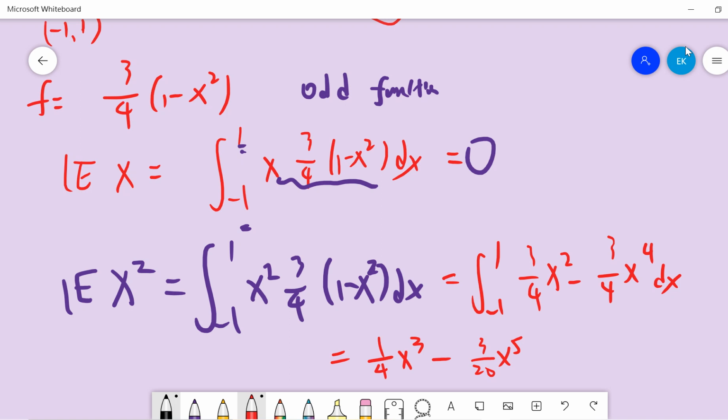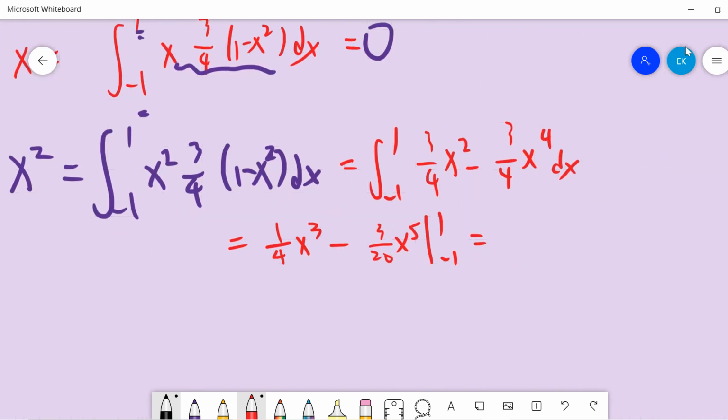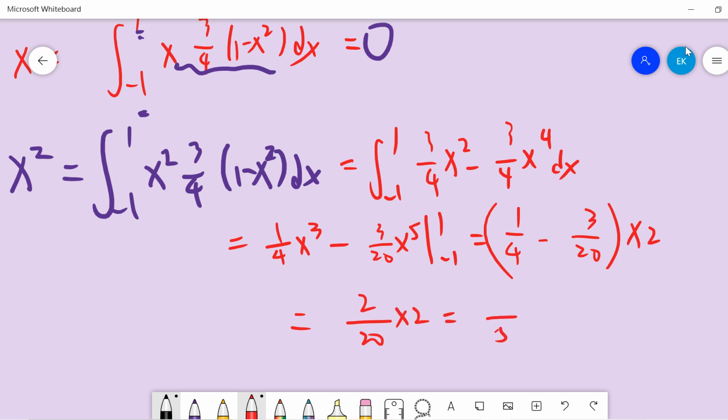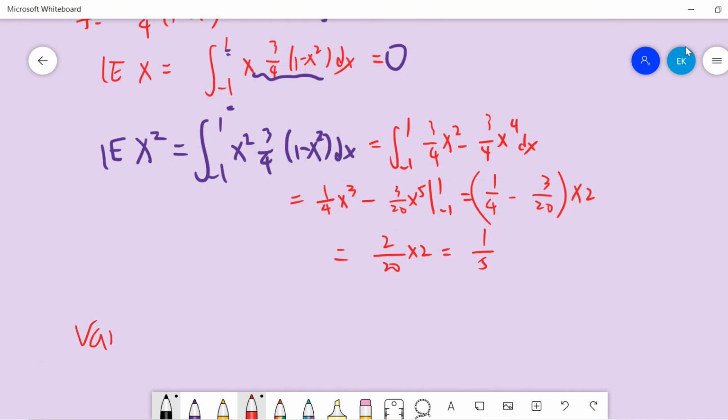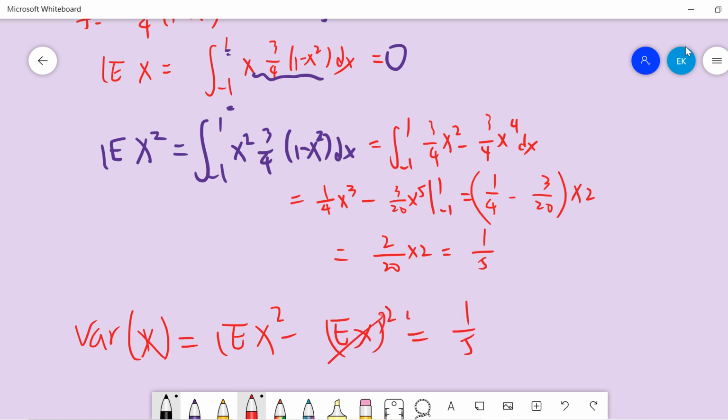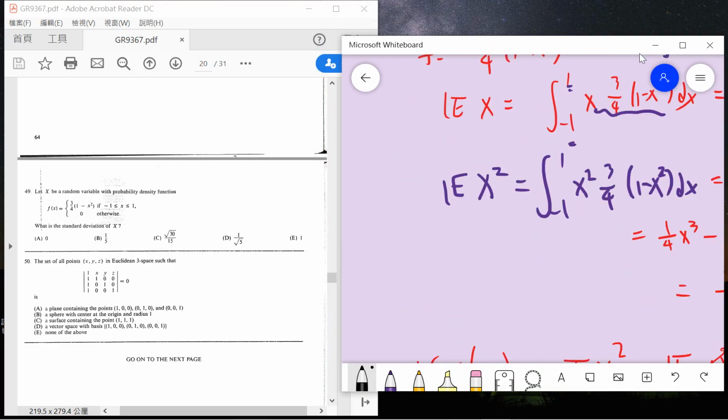So from -1 to 1, this is 1/4 minus 3/20, times 2. So this is 1/5, so 0.2. Okay, so variance is just the expectation of X squared minus the expectation of X squared. So this is 1/5 because the expectation of X is 0. So sigma is 1 over the square root of 5. So the answer is D.